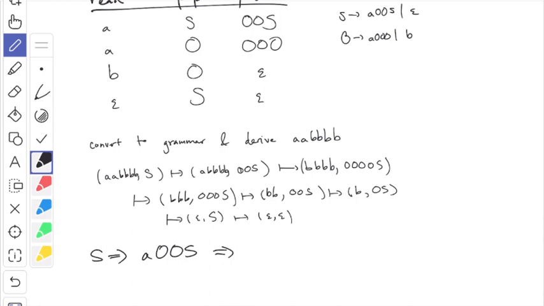What's the next step you did? Anybody get this one? Yeah, what'd you do next? A, then 4 zeros and an S. Yeah, so that was this.